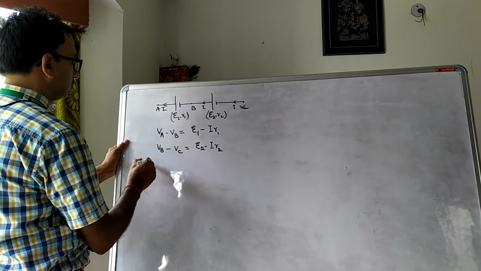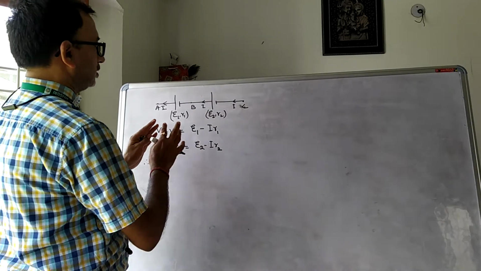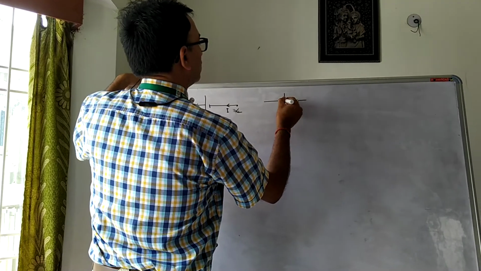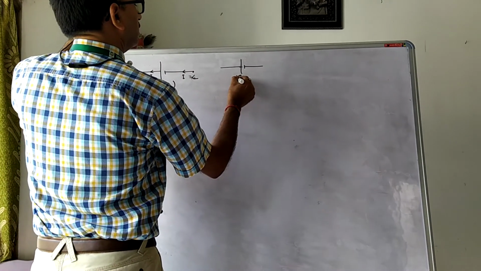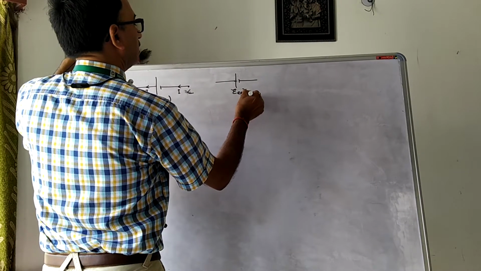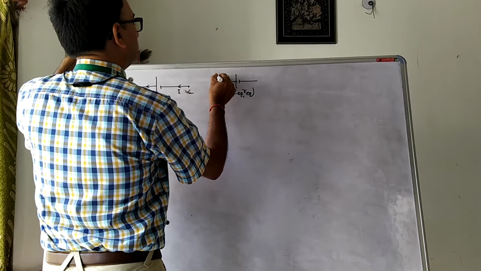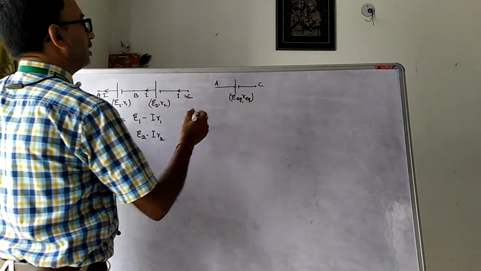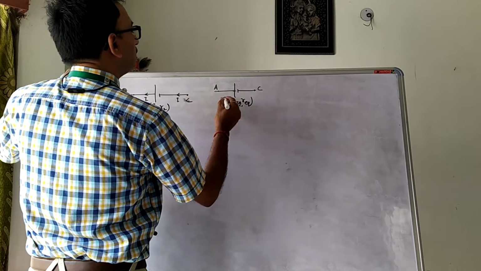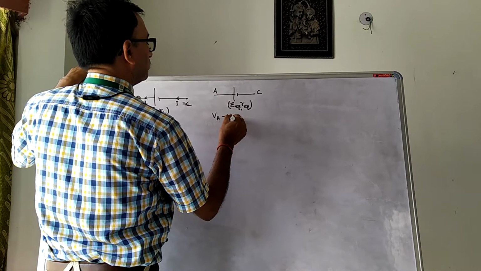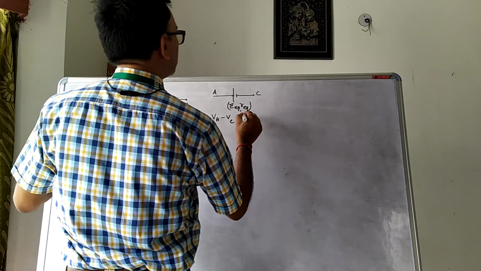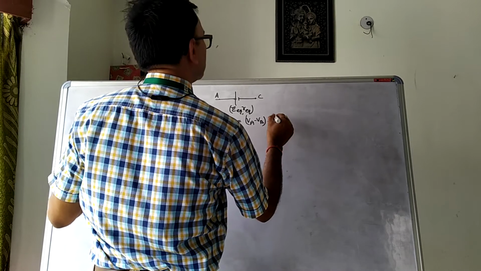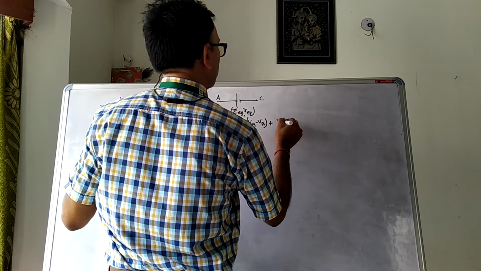Now, if we imagine the equivalent combination, this is the diagram for it, having E equivalent and R equivalent. So what will be the potential difference across A and C? VA minus VC can be written as VA minus VB plus VB minus VC.